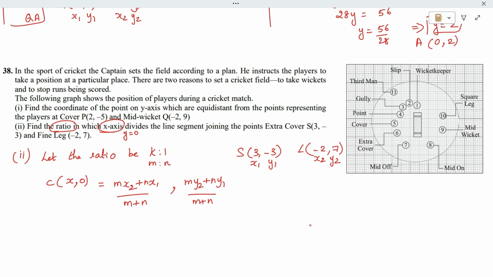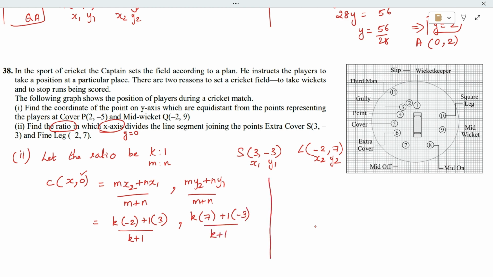So substituting m as k, x2 is minus 2, n is 1, x1 is 3, by k plus 1, comma, m is k, y2 is 7, n is 1, y1 is minus 3, by k plus 1.